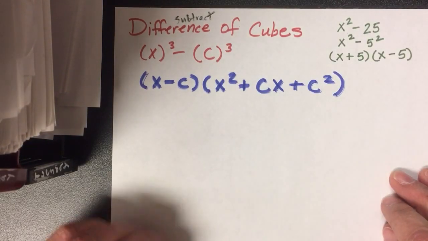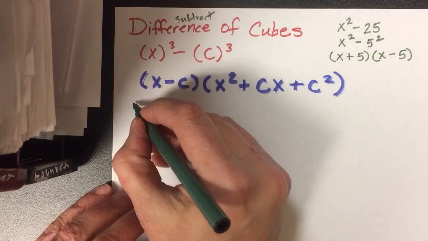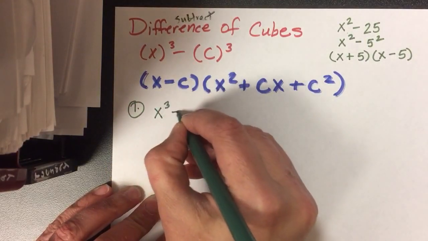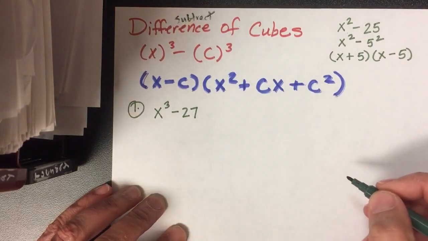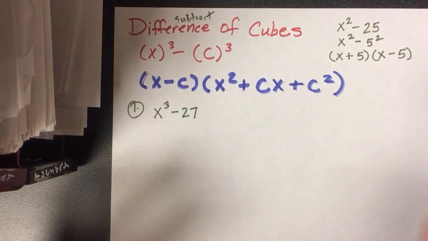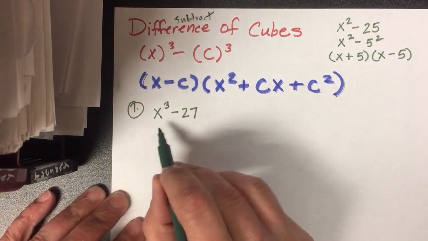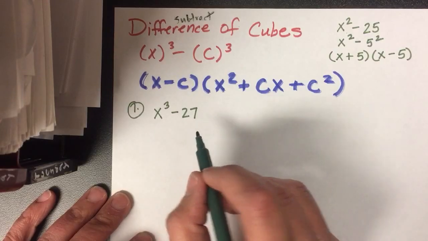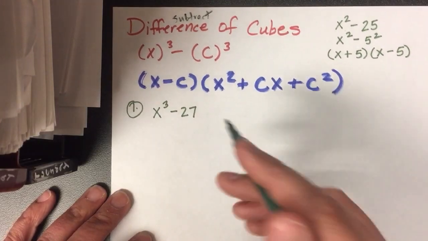When I'm looking at difference of cubes, I'm going to take a basic equation. So let's start off with x cubed minus 27. X cubed minus 27 is a basic difference of cubes because we don't have anything other than just the variable itself. So we want to first determine, do we actually have a difference of cubes?